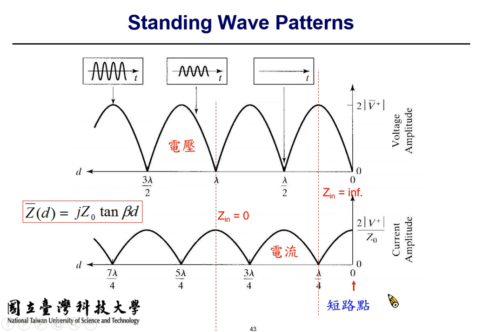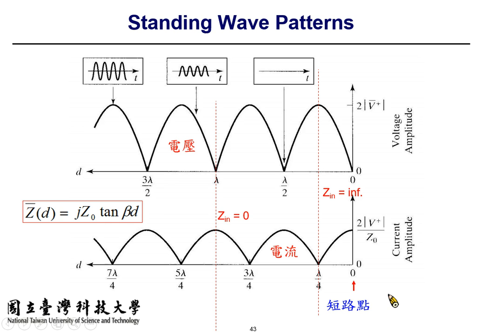So you will have 0 input impedance. And if you are quarter wavelengths away from it, then the input impedance becomes voltage V over 0. Then you will have infinite input impedance.